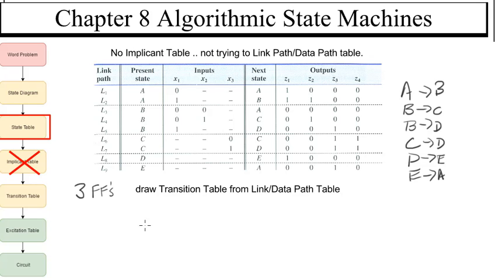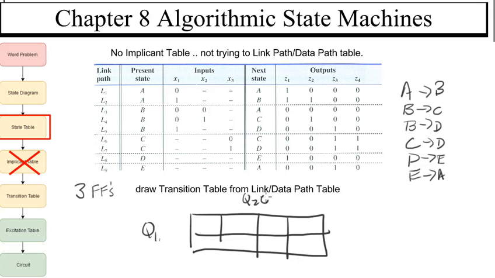We have 3 flip-flops, let's call them Q1, Q2, and Q3. So we want to put A a 1-bit change away from B and a 1-bit change away from E. So let's put A right here, B right here, and E right here.